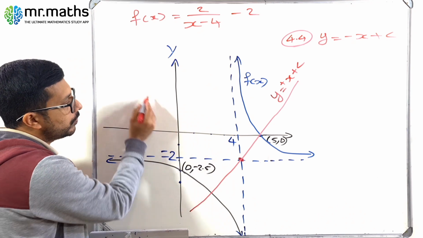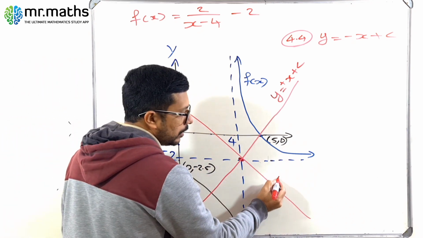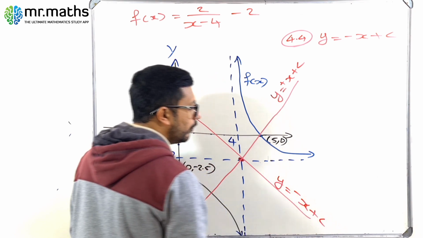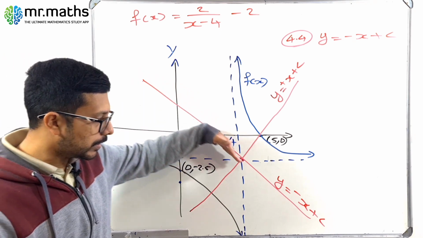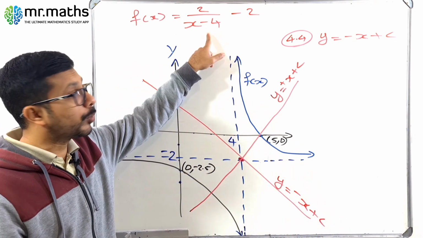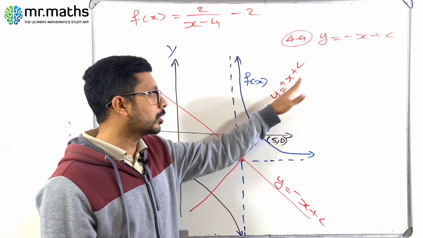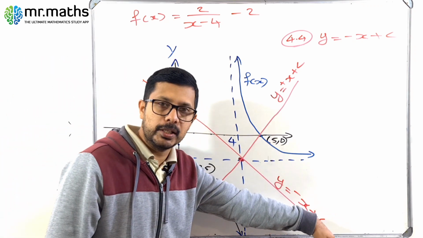And the next one is this axis of symmetry, y is equal to minus x plus c. Why is it minus? Because this straight line is decreasing. So for a hyperbolic function, there are two axes of symmetry: one with positive gradient, and the other with negative gradient.